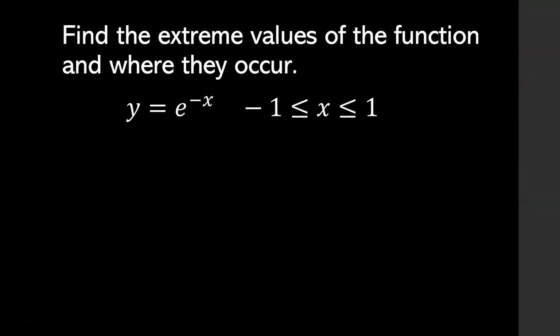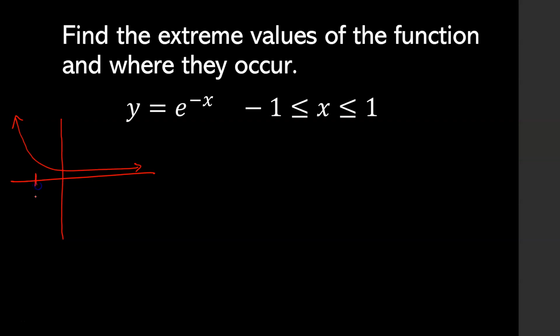Okay, here we go. Another example. Find extreme values of e to the negative x on the closed interval -1 to 1. Well, hopefully we all know what e to the negative x looks like. Something like this. Without that closed interval -1 to 1, we wouldn't be able to do this problem.